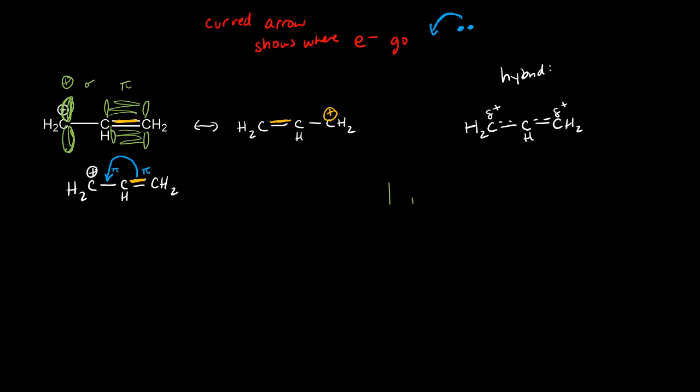And see how those electrons that we moved, when we get to the second structure, they stayed attached to the same carbon on one side, but now they're attached to a new carbon on the other side, okay? So we can use that arrow to show that. And we'll be doing a lot more practice with showing how those arrows demonstrate the flow of electrons.